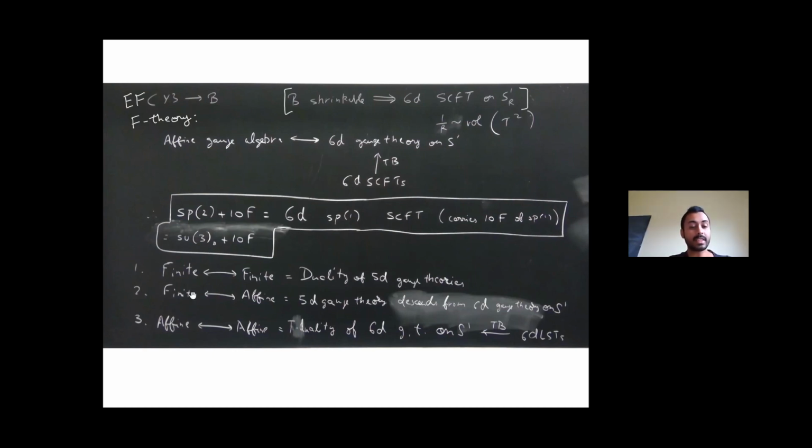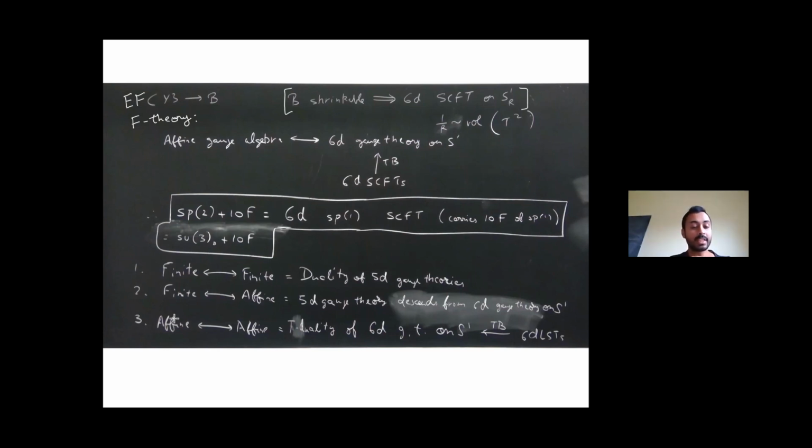We also discussed that if you have a finite Lie algebra intersection matrix, then you can go to an affine Lie algebra intersection matrix. In this case, the physical interpretation is that the 5D gauge theory on the left-hand side actually descends from a 6D gauge theory compactified on a circle, whose gauge algebra is encoded in this affine Lie algebra.